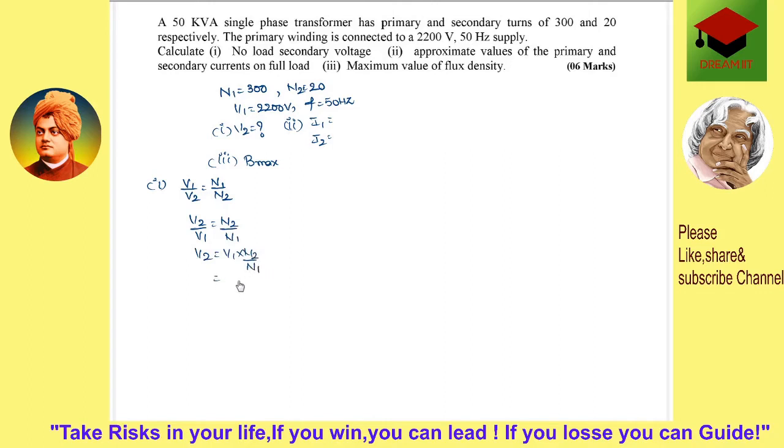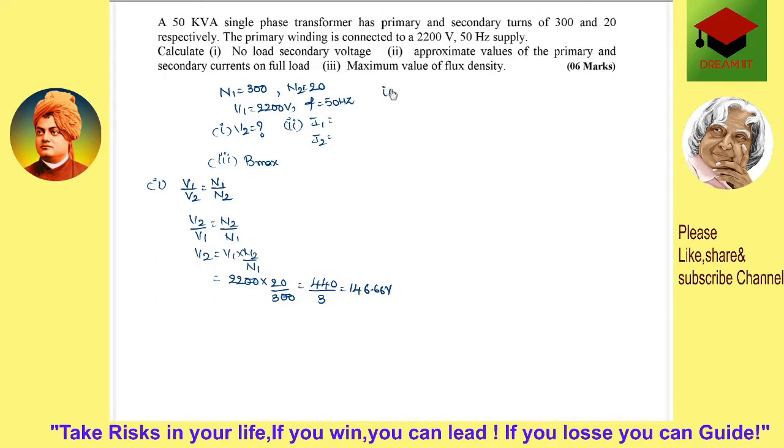The V1 value is 2200 volts, N2 is given as 20 and N1 is 300. So the zeros get cancelled, and we get 440 divided by 3, that is the final answer: 146.66 volts. That is the no load secondary voltage.